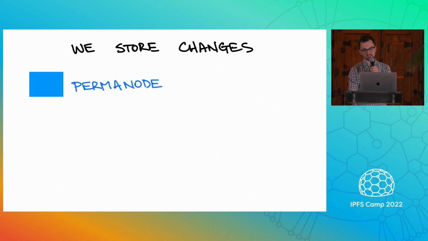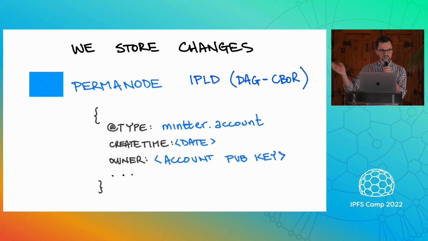And the way we do it is that we create a mutable object by declaring what we call a permanode. We borrowed this name actually from another project called Perkeep. It's unrelated to IPFS, but also uses content addressability for many things. And essentially, it's an IPLD object that declares a mutable object in the Minter world.